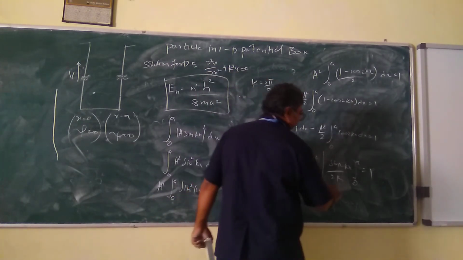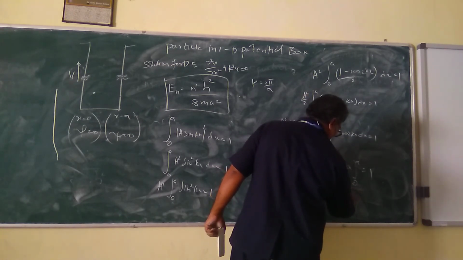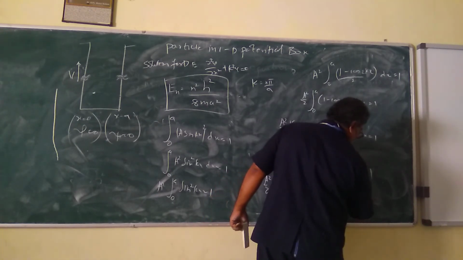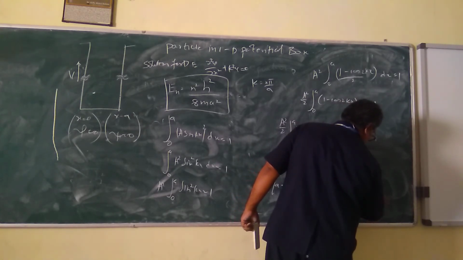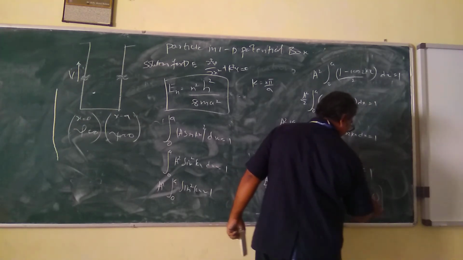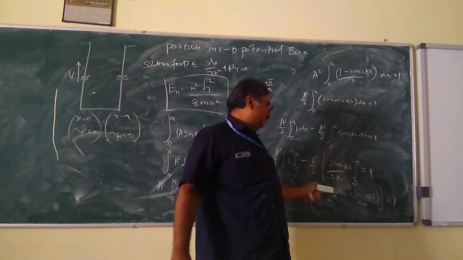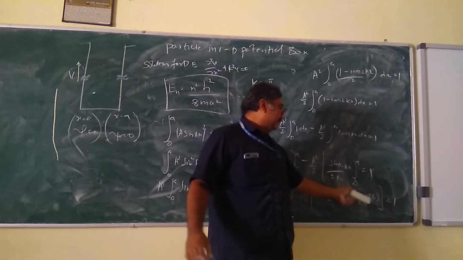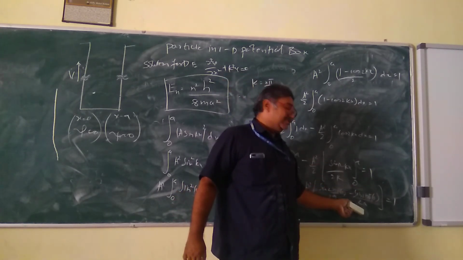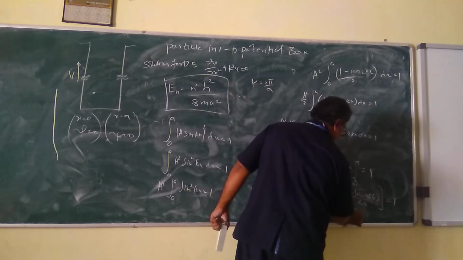So here it becomes 2n pi by a, and in place of x we put a, minus sin 2n pi into 0 by a, divided by 2k, equals 1. Anyway, the 2 and 2 get cancelled, and sin n pi value is always 0. And here 0 into something is 0, 0 by something is also 0, sin of 0 is 0. So this whole expression equals 0.